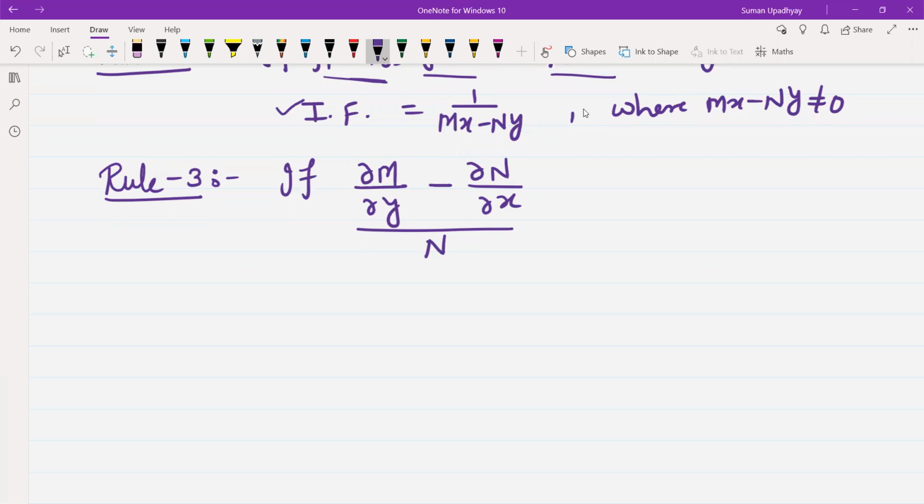And rule number 3 says, calculate this factor: (del M by del y minus del N by del x) upon N. So all these you have calculated already. You subtract them and you divide the same thing by N.